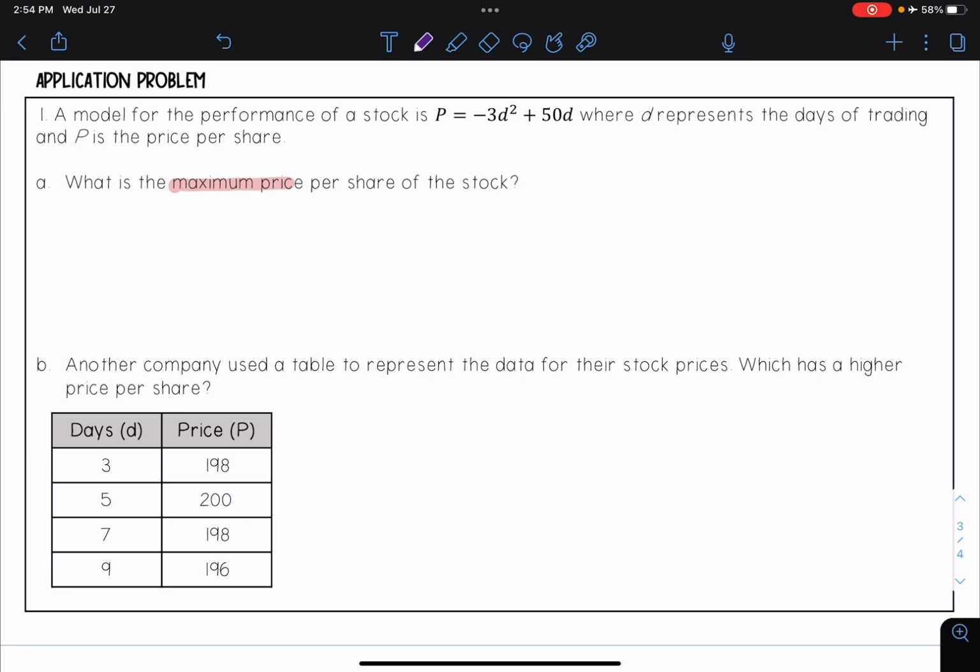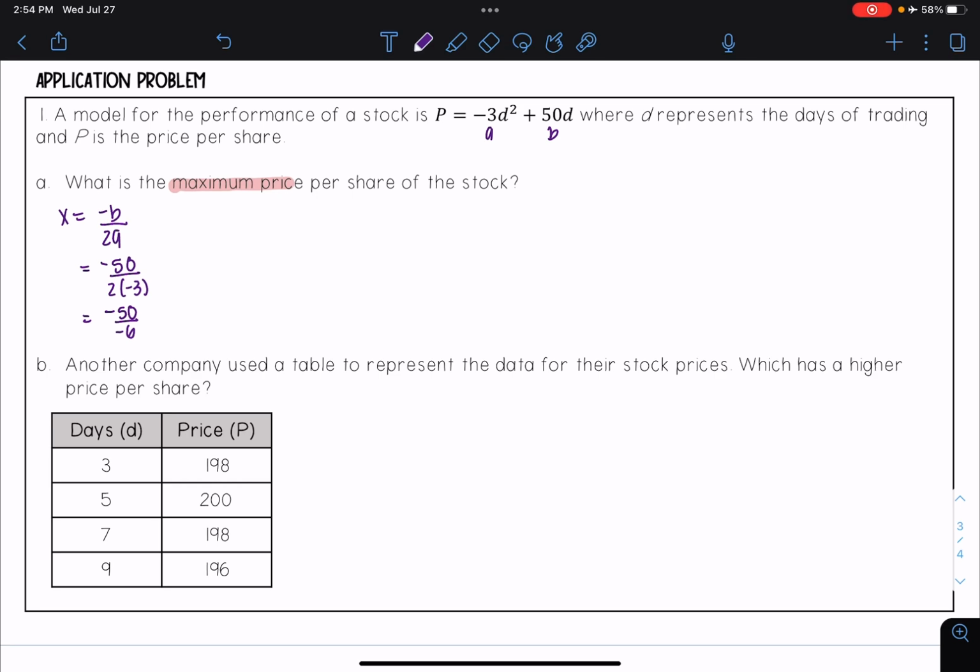So I need to first find x, which is the opposite of b over 2a. Here my a is negative 3 and my b is 50. So the opposite of 50 is negative 50 over 2 times a, which is negative 3. And so I get negative 50 over negative 6.